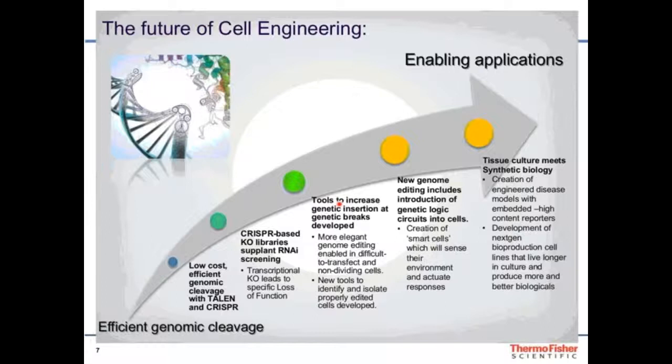If we can combine this with our other gene editing and synthetic biology technology, we really believe that we will be able to derive more physiologically relevant tissue culture models or disease models that will actually allow us to do more efficient drug screening in the context of tissue.